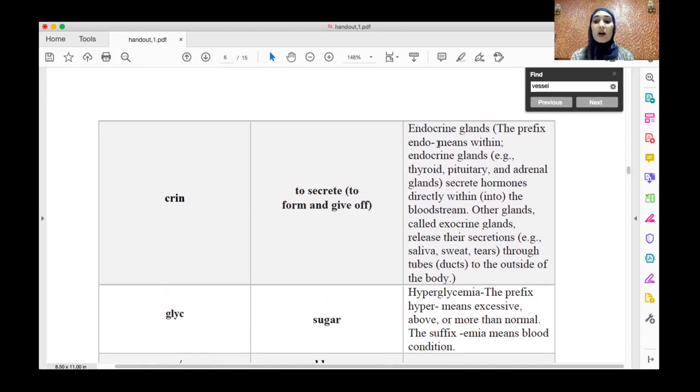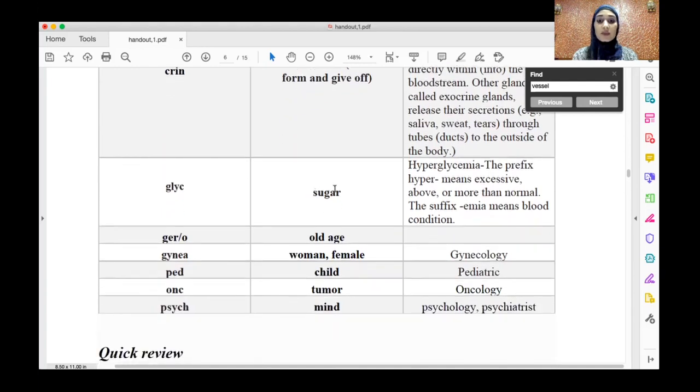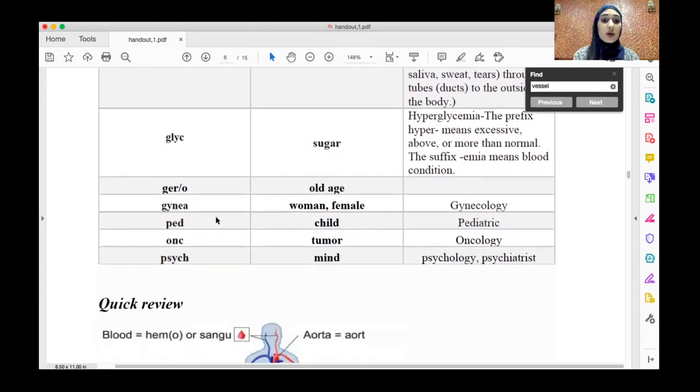Other glands are called exocrine. Exocrine glands release their secretions outside the body. We have glyco, meaning sugar, as we said in the beginning of the lecture, hyperglycemia and hypoglycemia. We have ger or geront, meaning old age.